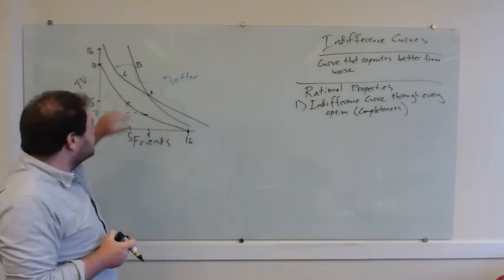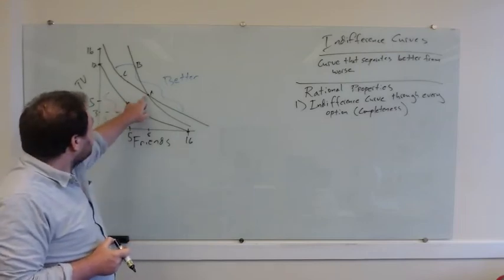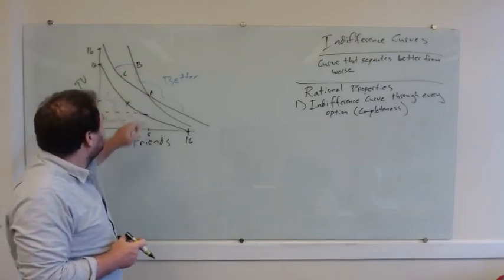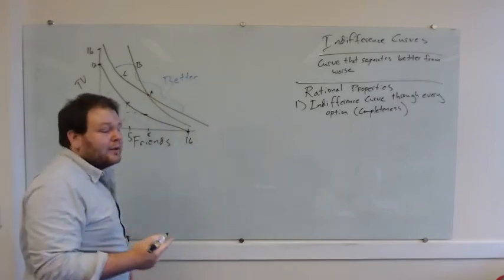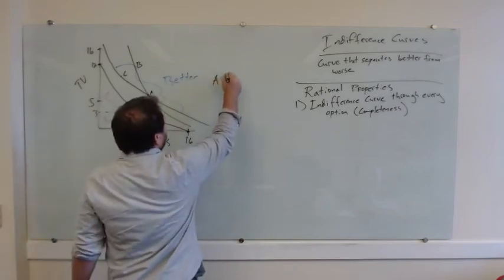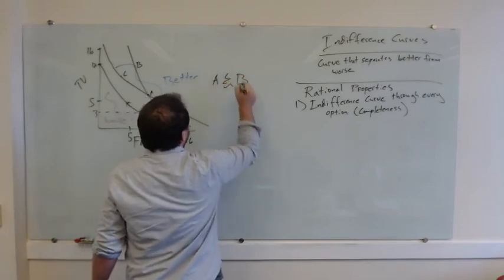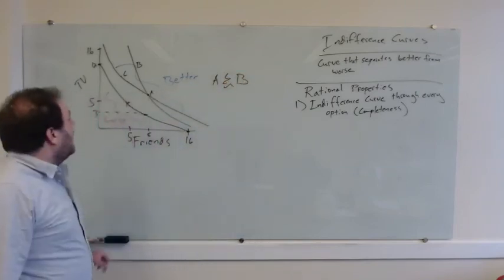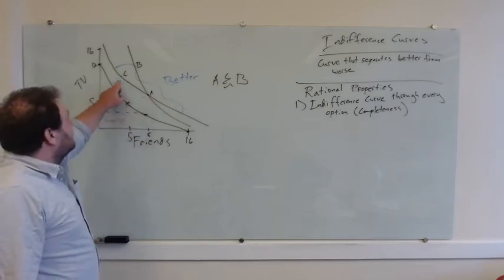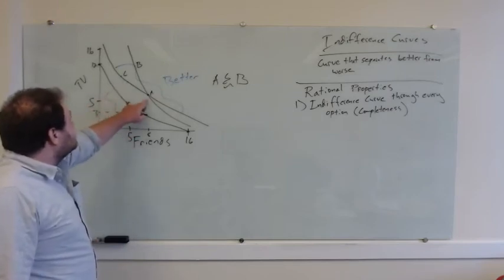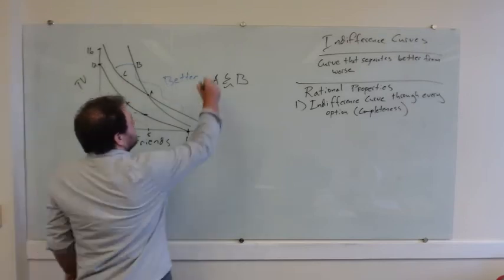If I have indifference curves that look like this, I know that A and B are equally good, so that means that A is at least as good as B. I also know that C is at least as good as A, because they're on the same indifference curve as well.